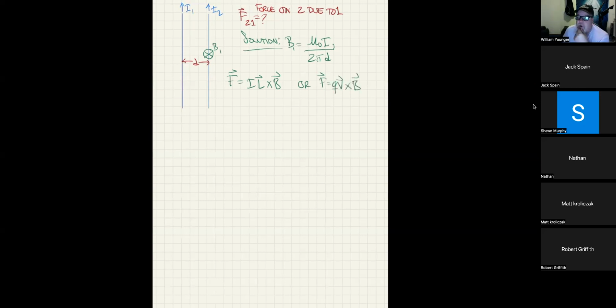When we talk about conventional current, like I1 is supposed to be, that means we're pretending positive charges are going up in I1 as well as in I2. So Q times V, since this Q is a positive charge, is parallel to V. So the QV is a vertical vector on the page.